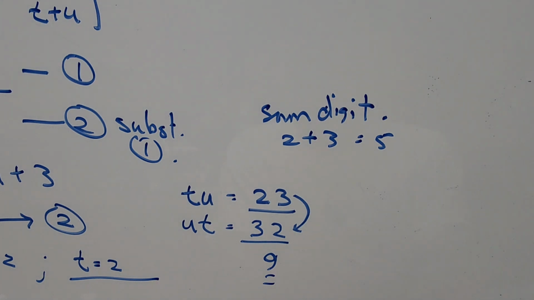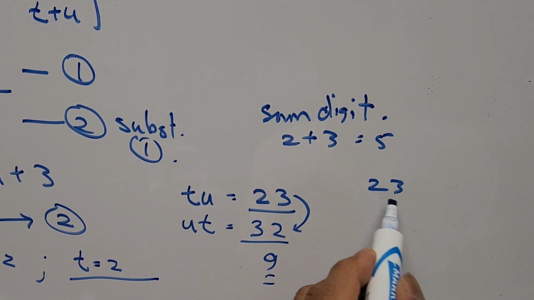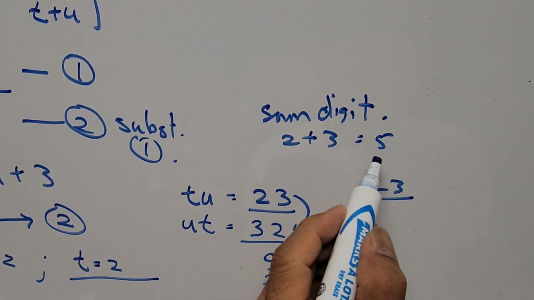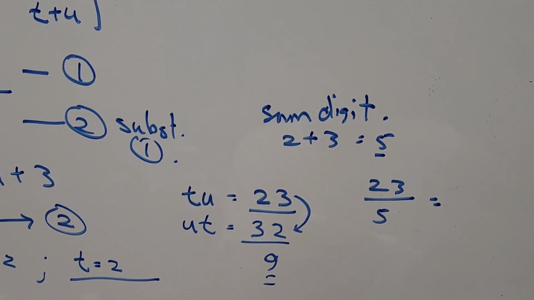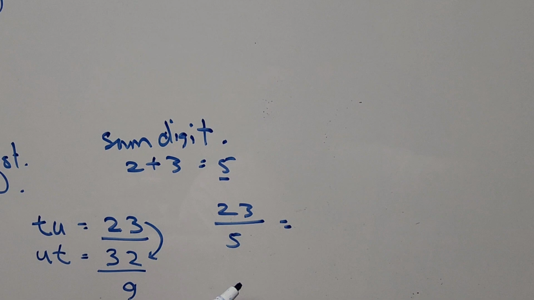So if the number is divided by the sum of its digits, so the number is 23 divided by the sum of its digits, 5, right? It says there, the answer is 4 and the remainder is 3. Is that correct? So here we divide 23 by 5.